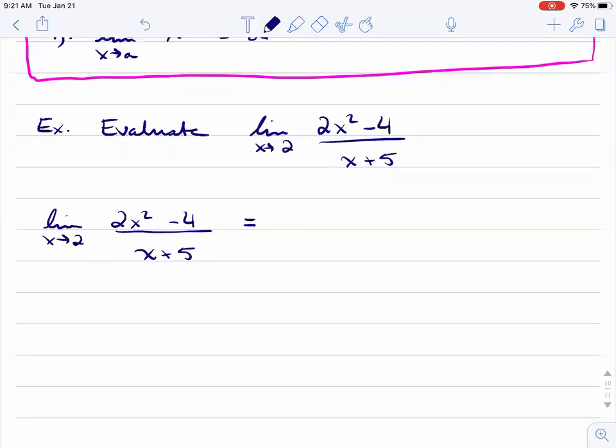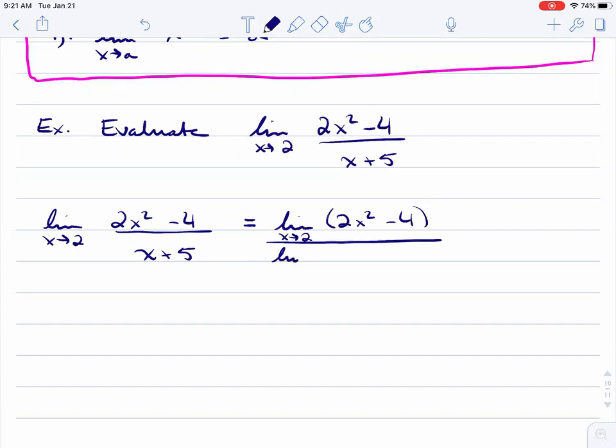Okay. So if I start kind of slow and I bring on that limit, I've got a fraction, so I'm dividing a function by a function, so I can bring that limit onto the numerator and onto the denominator separately. So the limit as x approaches 2 of 2x squared minus 4 over the limit as x goes to 2 of x plus 5, and I can start there.